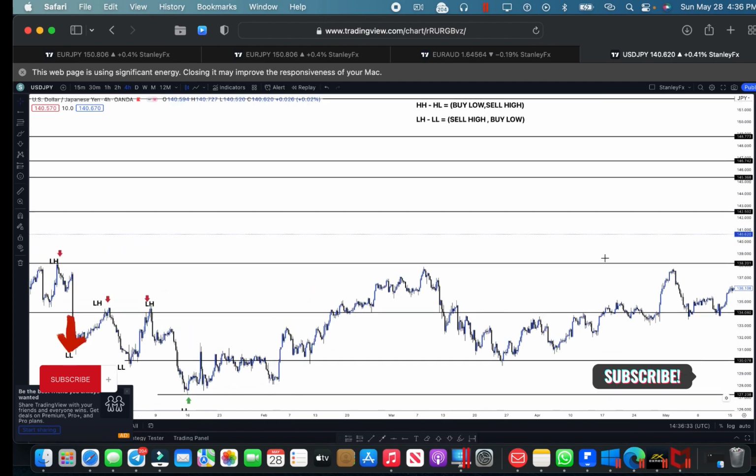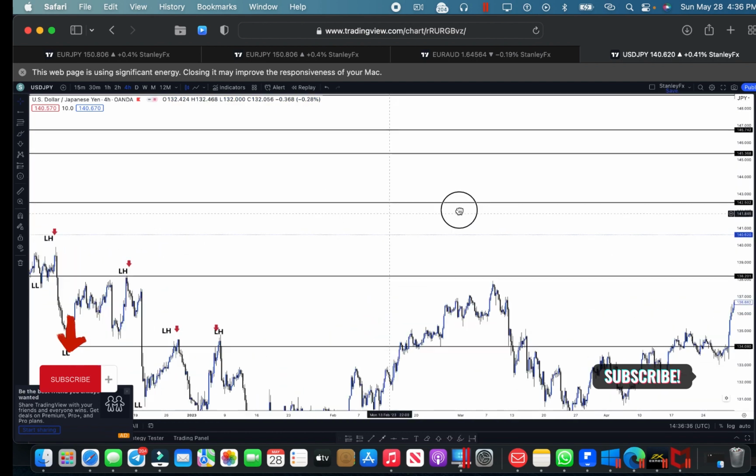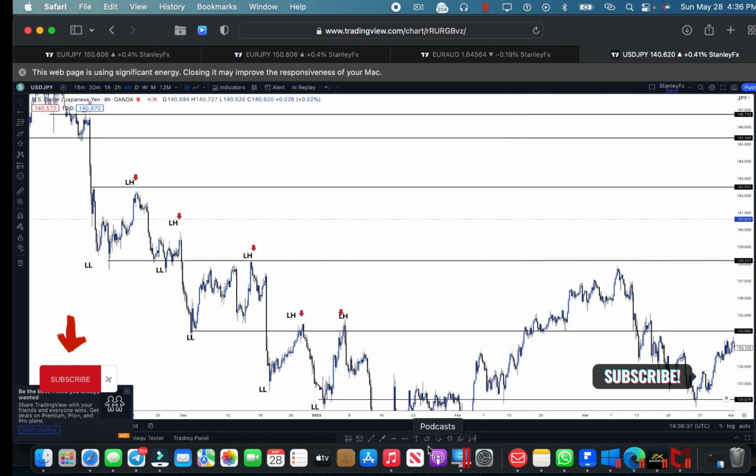Understanding market structure will help you avoid unnecessary entries, where you start looking for selling opportunities at this particular point simply because the market is going down.